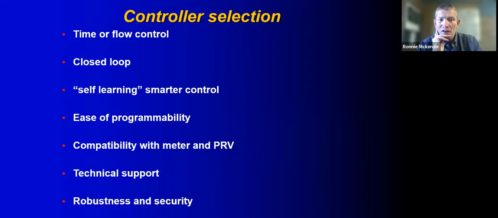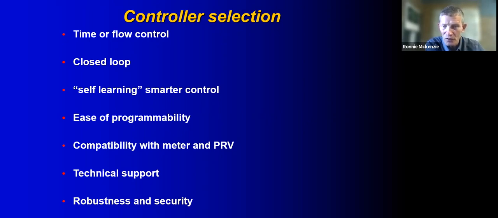Now, when it comes to controllers, I mentioned that at night time the pressure builds up and there's periods during the day that you have excess pressure in the system. So you can use a controller, which is an electronic or hydraulic device, in order to control the pressure during off-peak periods. And there's a number of different types of controller that you can use.